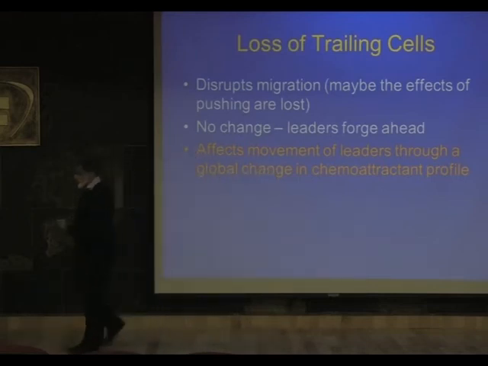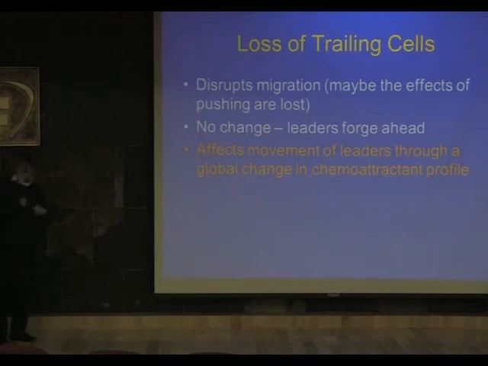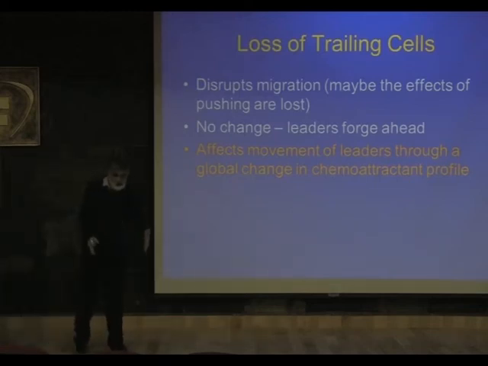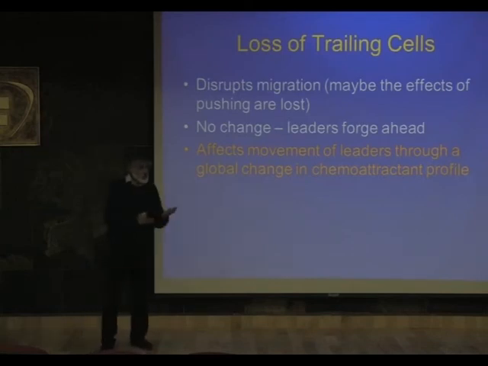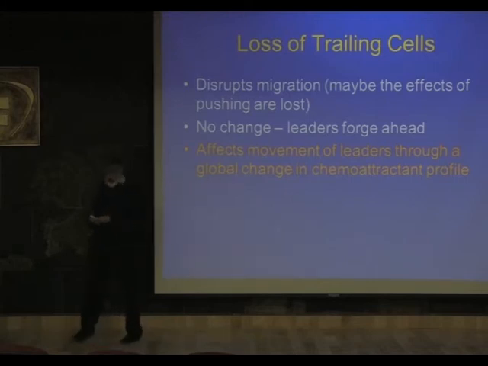Okay? Now, what the model predicts is something in between. The model predicts that if you remove the tissue at the back, since these cells are also in the process of taking up the chemoattractant, you change the chemoattractant behavior, and therefore you globally change the behavior of the system.